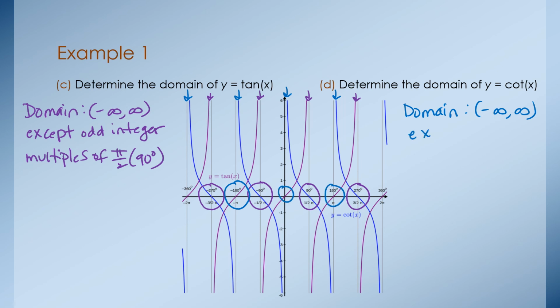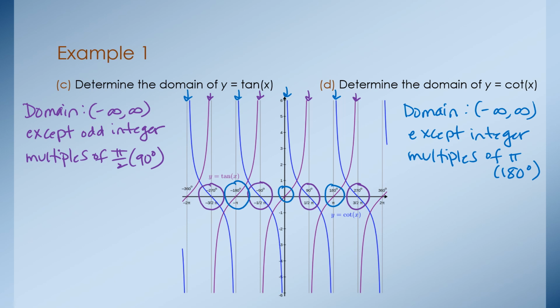So except integer multiples of pi, otherwise known as 180 degrees. I don't have to say odd integer multiples because it is 1 pi, 2 pi, 3 pi, so it's not just the odds, it's not just the evens.